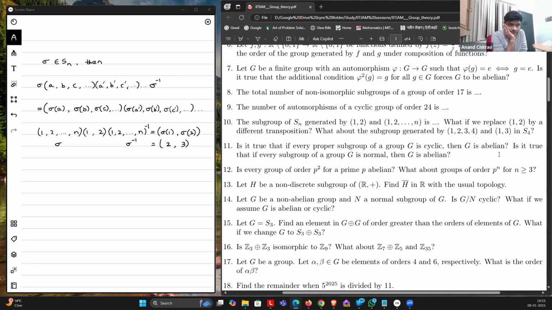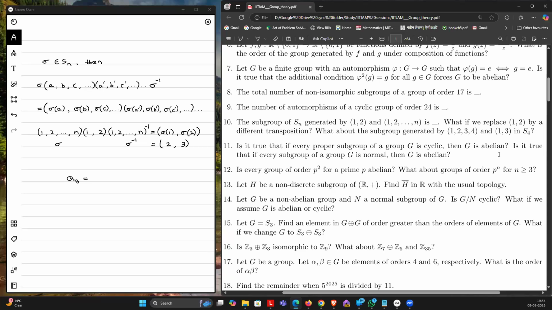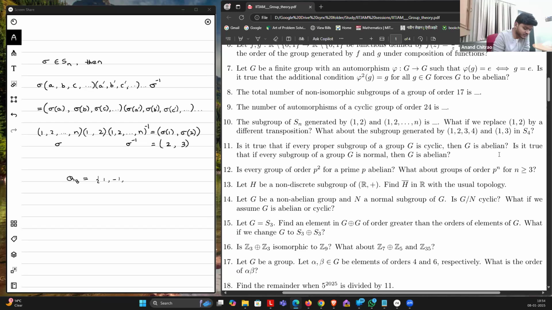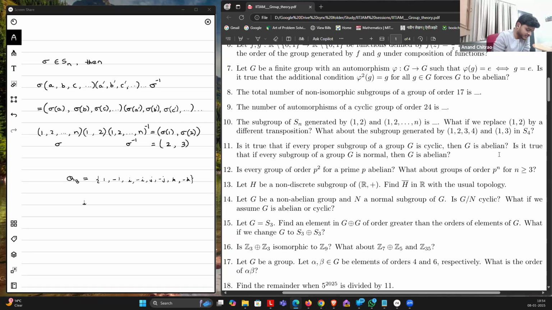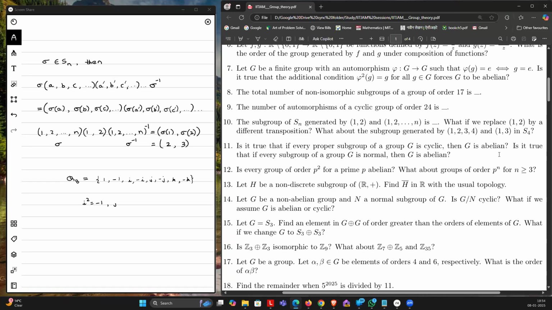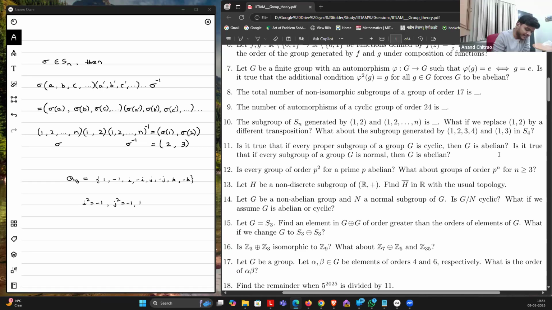Okay. So quaternion, let's call that group Q8. How many elements does it have? 8. What are those? I can write it as 1, minus 1, i, minus i, j, minus j, k, minus k. What are some of the famous relations in this group? The relations are i square, j square, k square equal to minus 1.